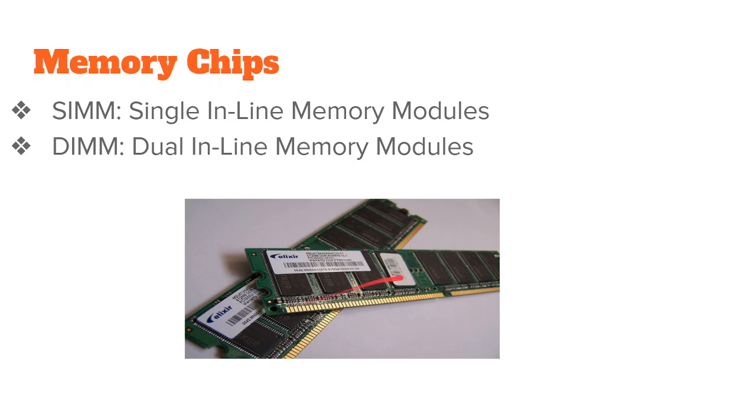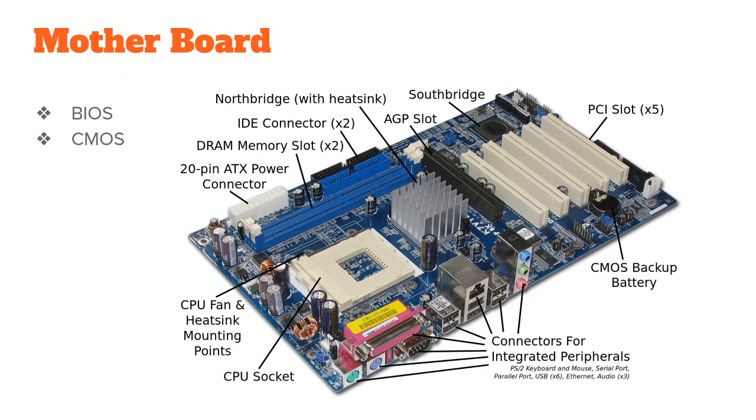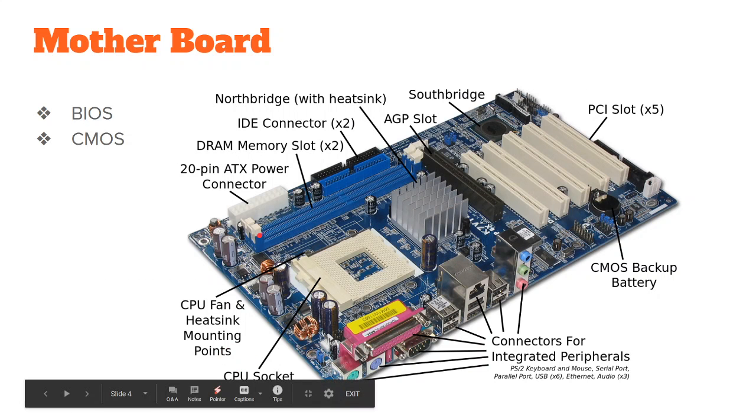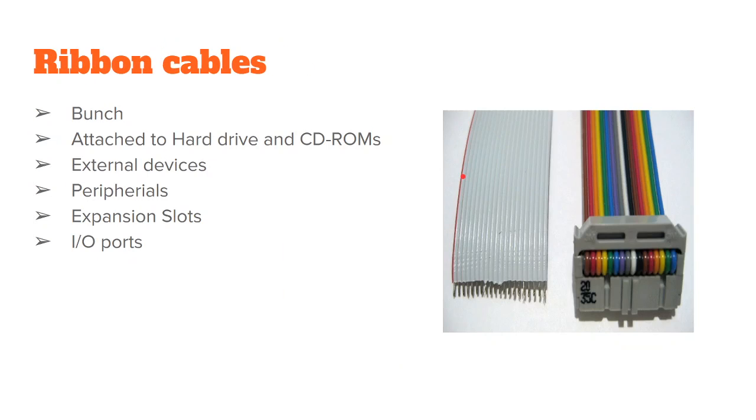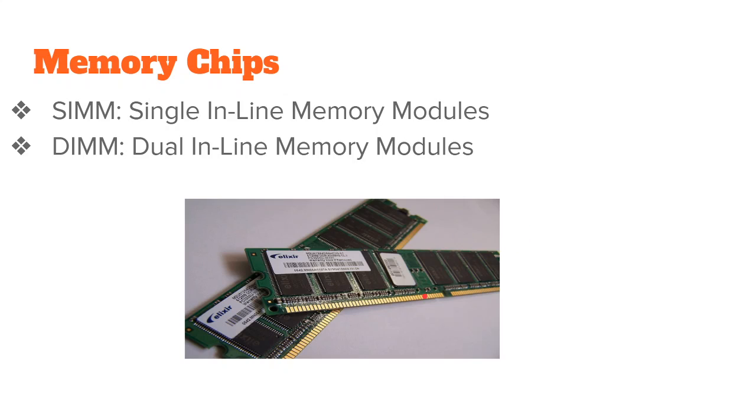This green color whatever is there is the printed circuit board, and it is attached to the computer's motherboard. This is where it is fixed. You pull this out, fix it, and push it in again, so it stands erect in this slot. That is how it is fixed into the motherboard.